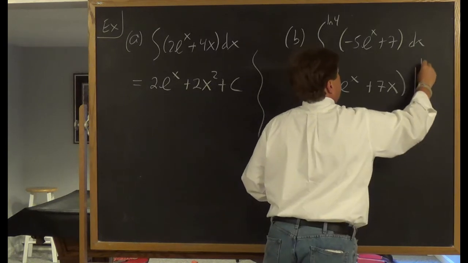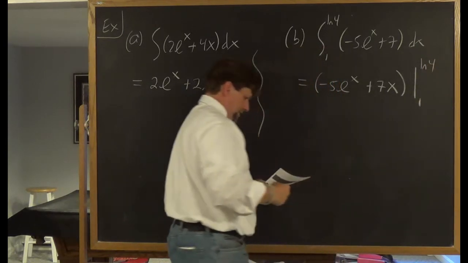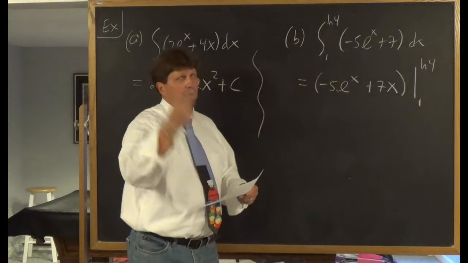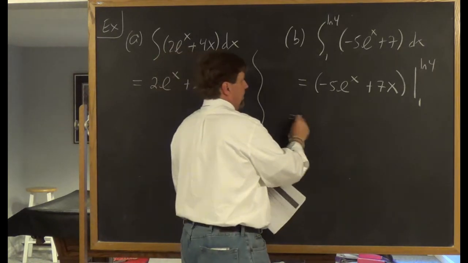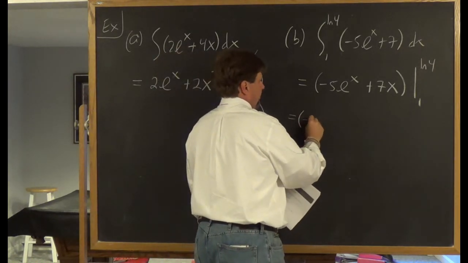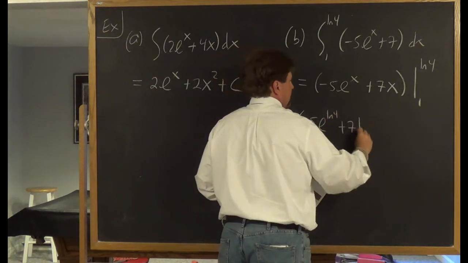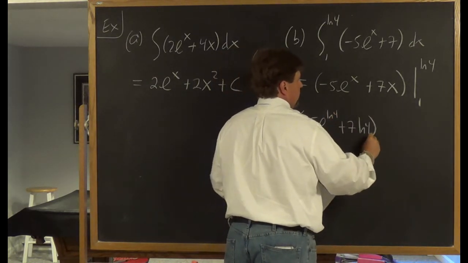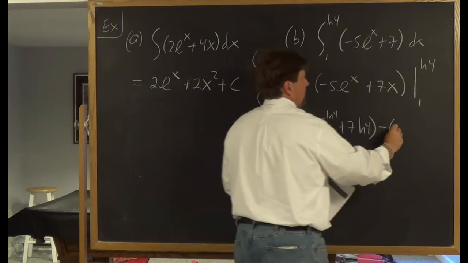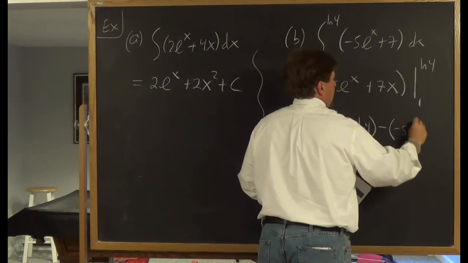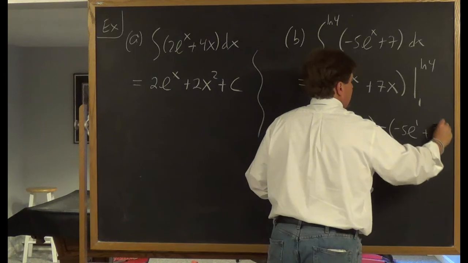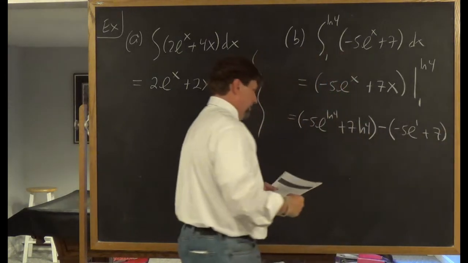And we're going to evaluate that from 1 to the natural log 4. So I put natural log 4 in here first. So good grief. Negative 5e to the natural log 4 plus 7 times natural log 4 minus negative 5e to the first plus 7 times 1, which is 7.